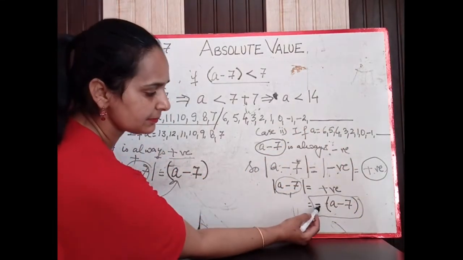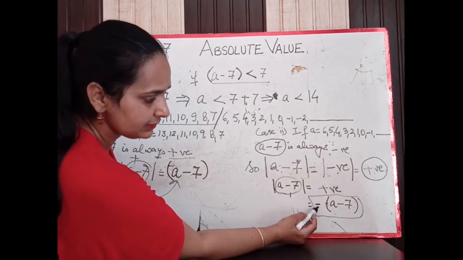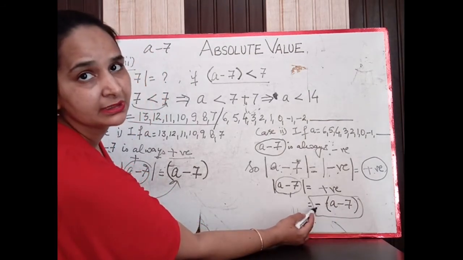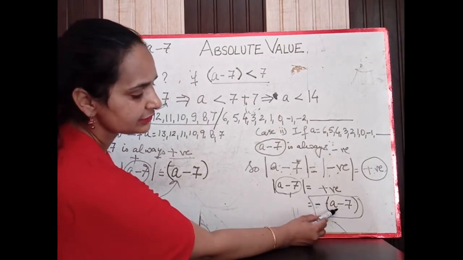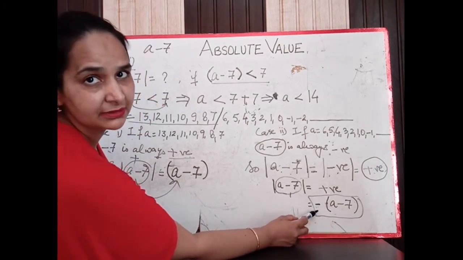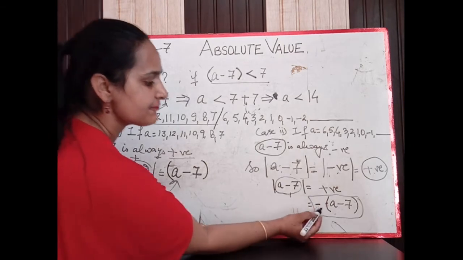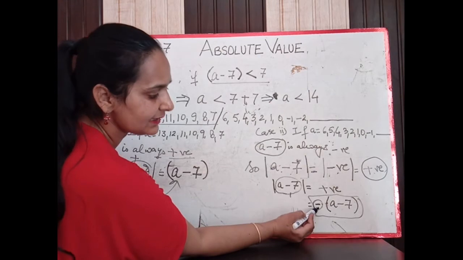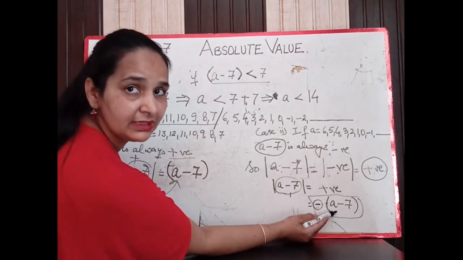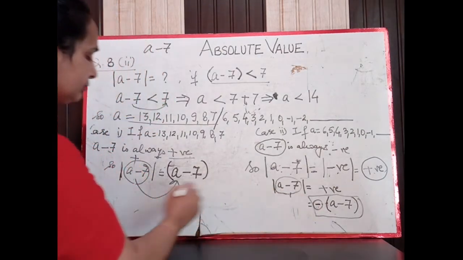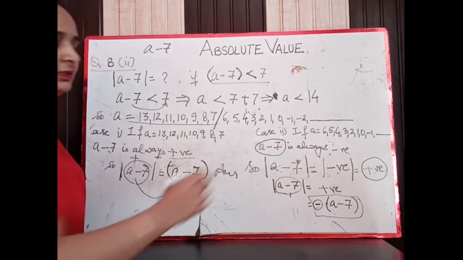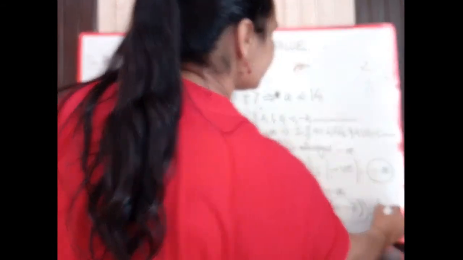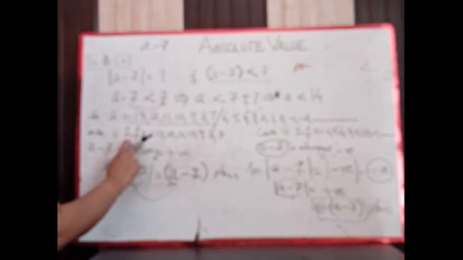If we multiply this a minus 7 by minus 1, and we get minus 2, minus 2 multiplied by minus, the answer will be 2. Minus 3 multiplied by minus, the answer will be 3. In this way, we write this minus sign in front of this bracket, meaning this minus will be multiplied by this, and only then the answer will be positive. So we have got two answers for this question. First answer is this, and second answer is this, on the basis of the value of a.